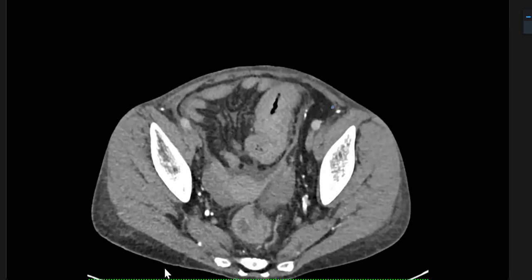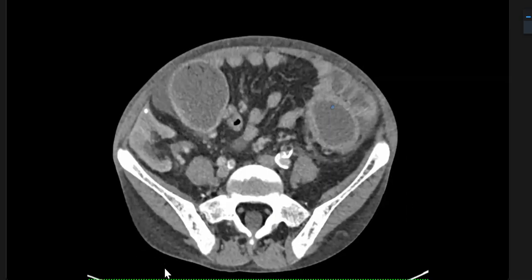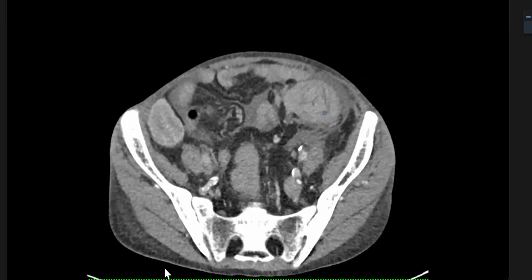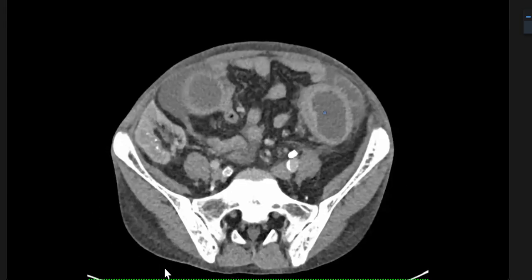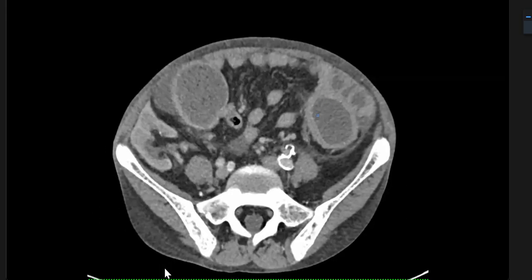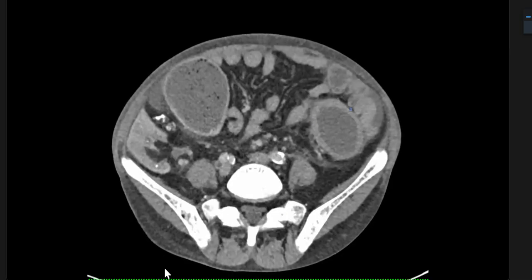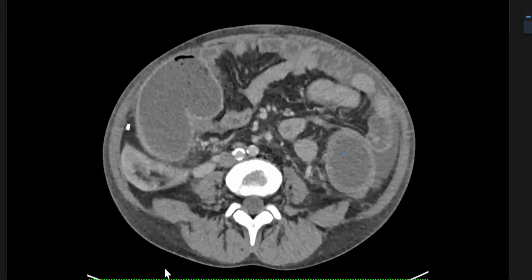So there's a classic colocolic intussusception, and the problem doesn't stop here. You can see the circumferential bowel wall thickening throughout.